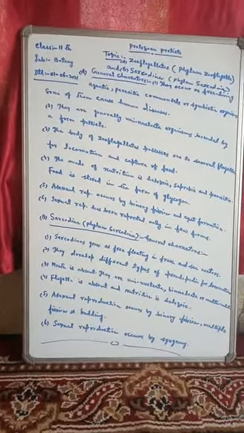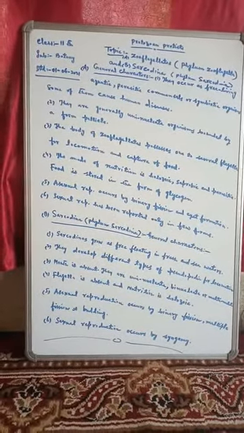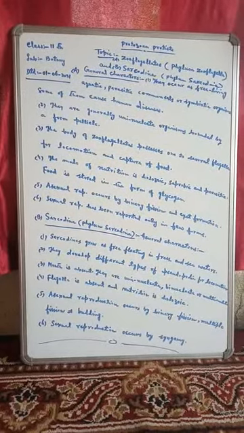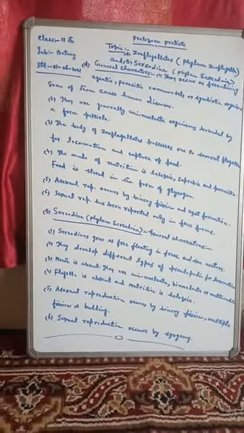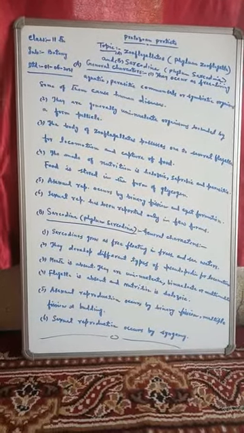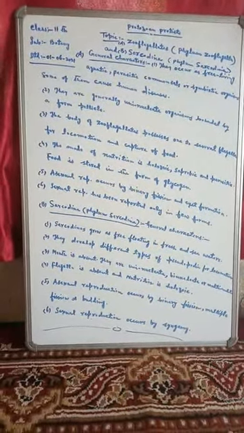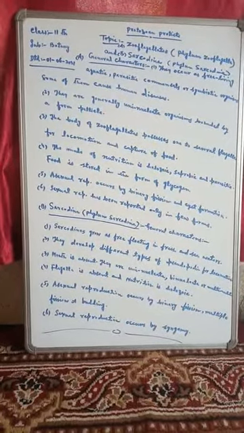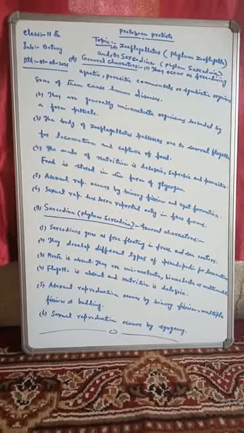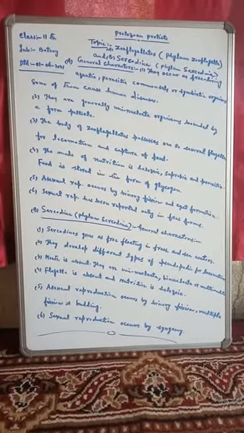Among those 4 groups, today we will discuss the first 2 groups. One is the Zooflagellates of phylum Zooflagella, and the second group is the Sarcodina of phylum Sarcodines.